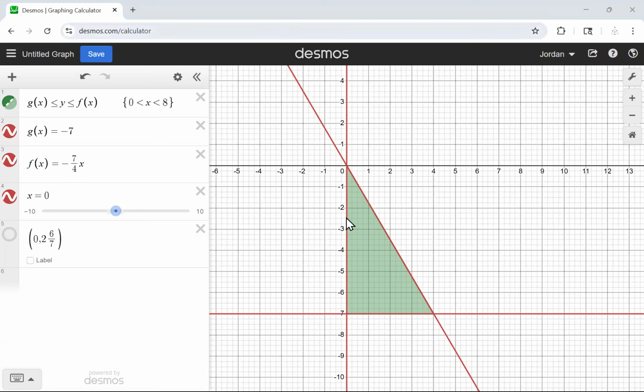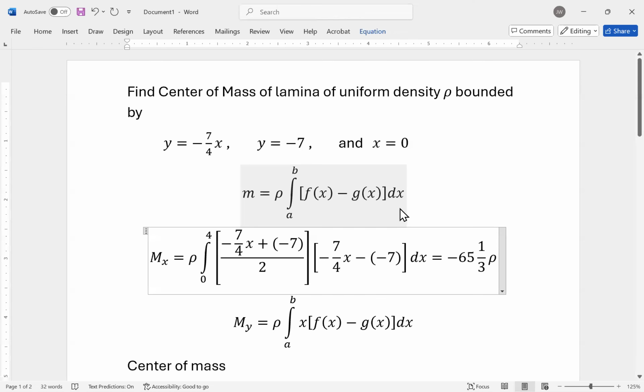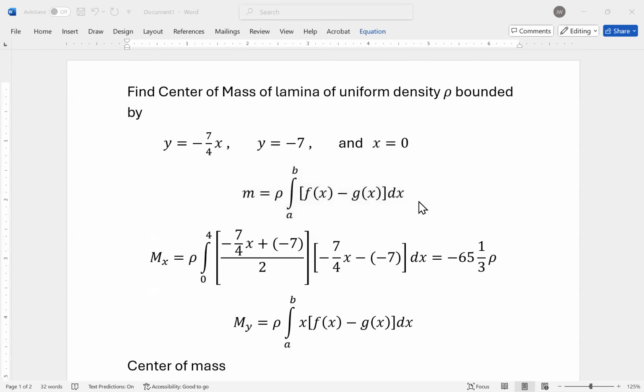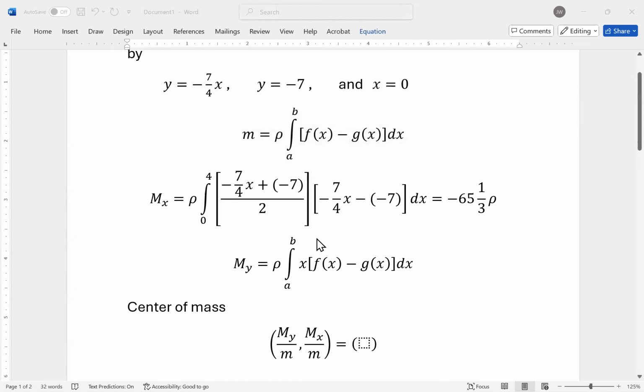Now the moment about the y-axis we'll expect to be positive because our object is all to the right of the y-axis. So let's calculate that next. Again, I like using my calculator and second enter.